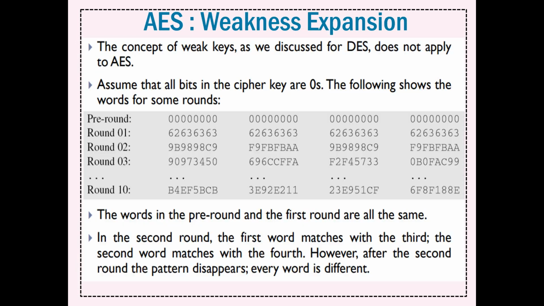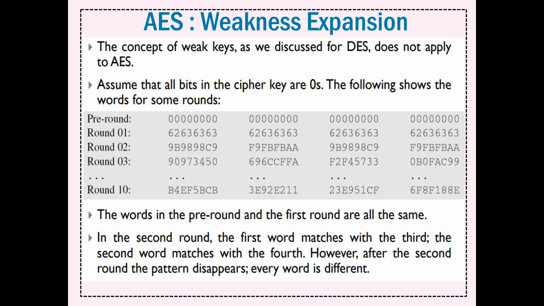The first thing is the weakness in key. You remember in DES, I told you that there is a sufficient amount of weakness in key: if all are zeros, then after a certain period the keys go on repeating themselves. That was the fault in DES, and why we have chosen AES.